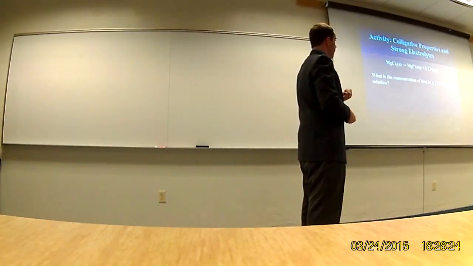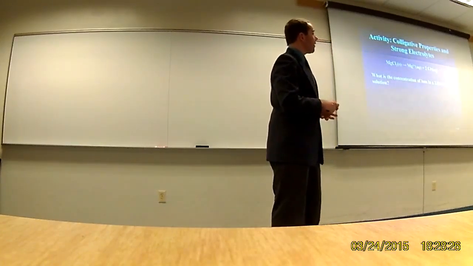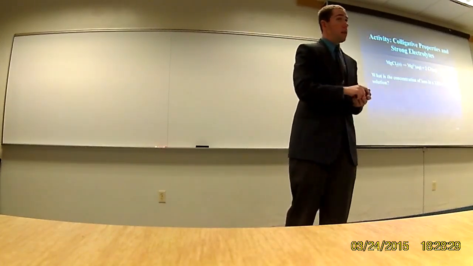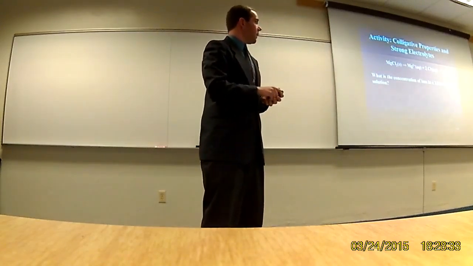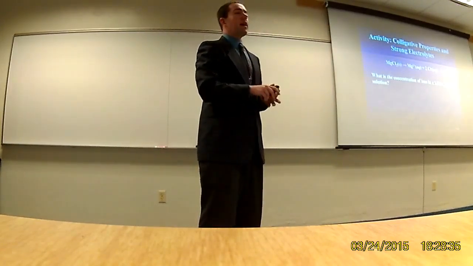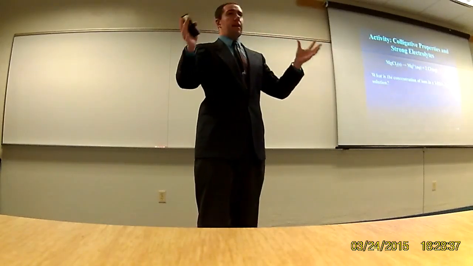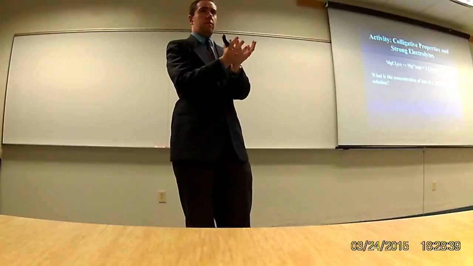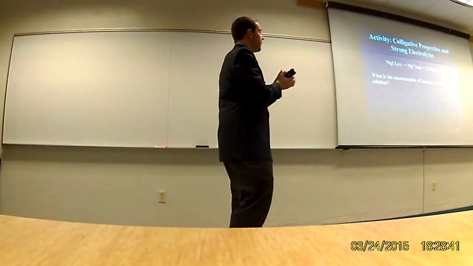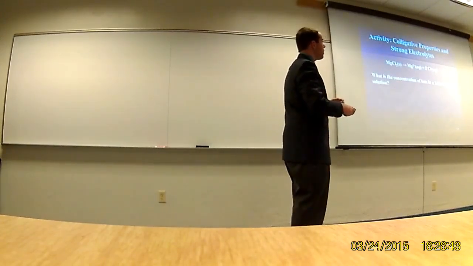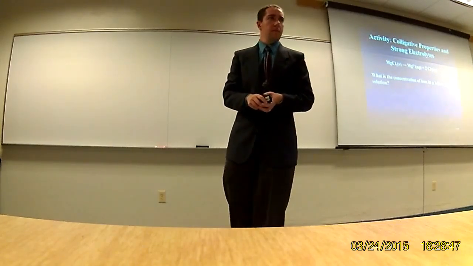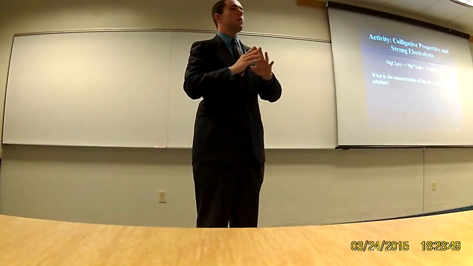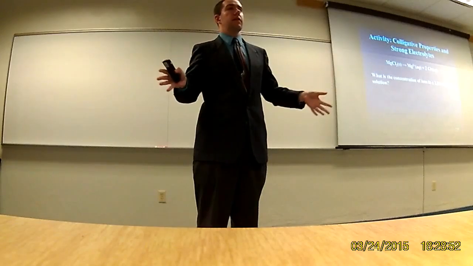So, in this question, we have a 1 molal solution of magnesium chloride. What is the concentration of ions? Doesn't matter what type of ions, ions as a whole. What is the concentration of ions in a 1 molal magnesium chloride solution? You don't even have to know what the molality equation is.